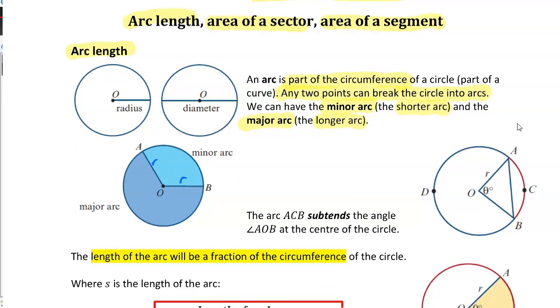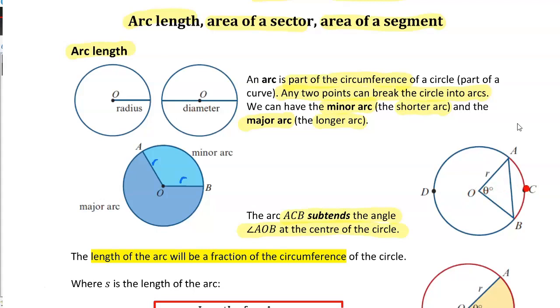So arc ACB, which is over here, subtends the angle AOB at the center of the circle. That's this diagram here, where we've got the points A and B going back to the center of the circle, the radius r.